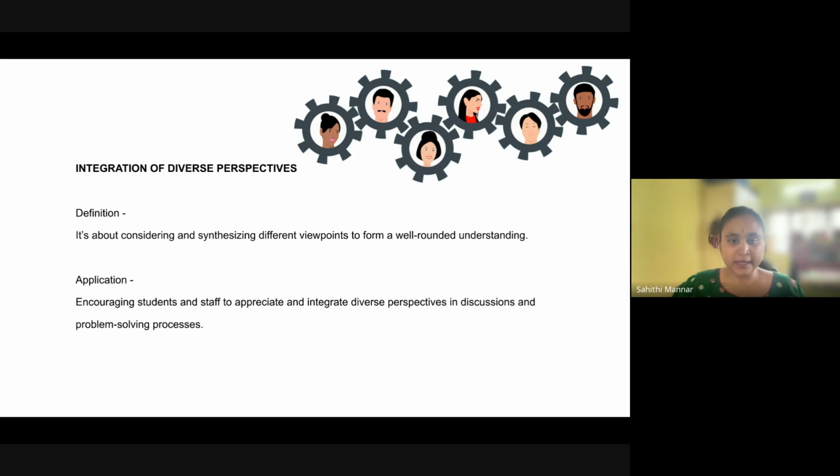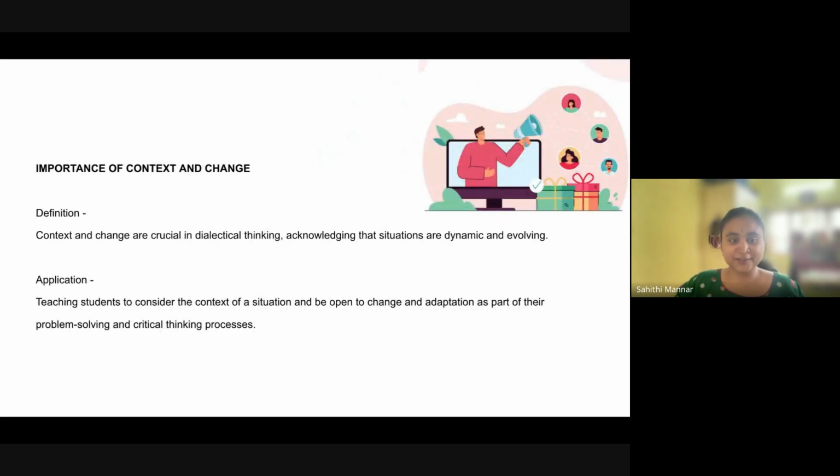Now the next principle of DBT is the importance of context and change. DBT emphasizes the importance of both context and change because situations are not static, right? They are very dynamic and very evolving.